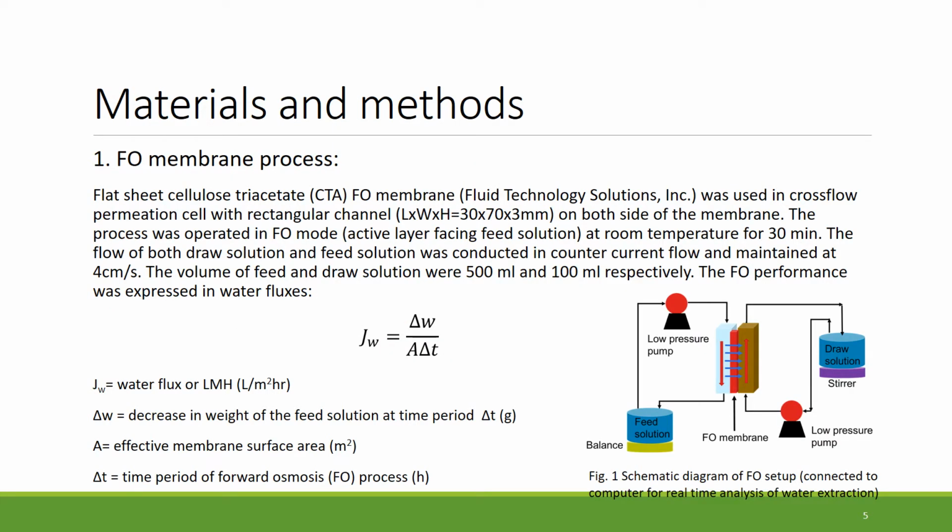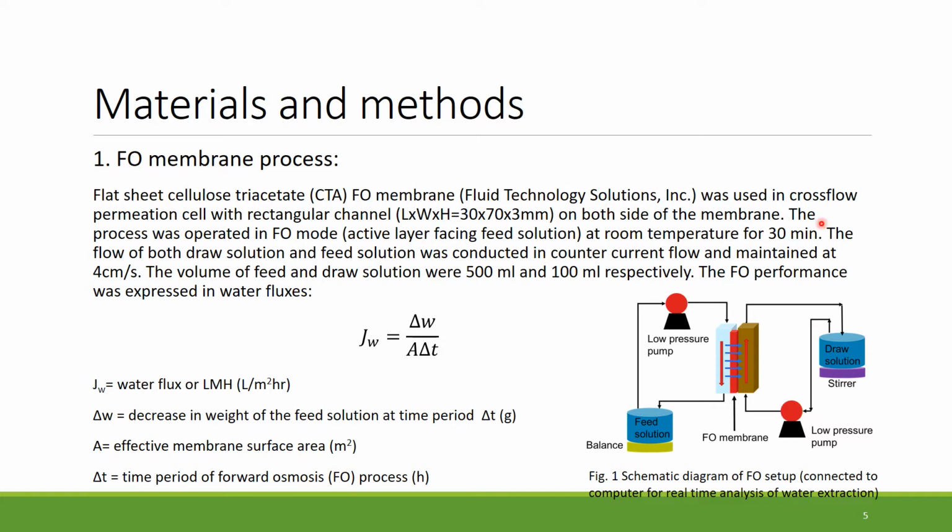So here are some of the materials being used in this project. The FO membrane is the THEi membrane, a single layer with the dimension just like here, not so big, right? A very small unit, but very suitable for laboratory trial.